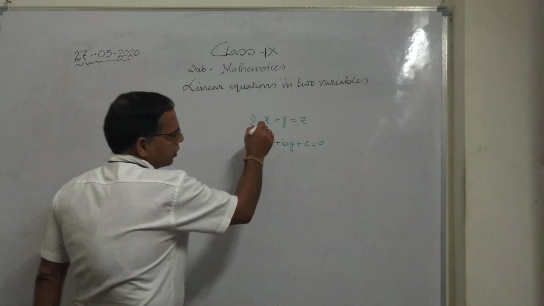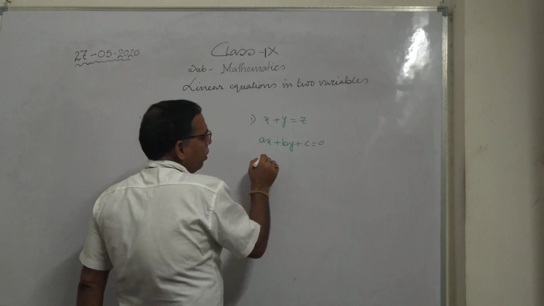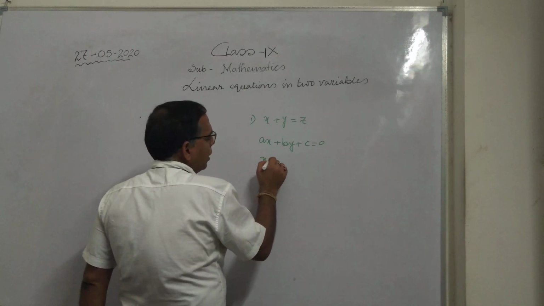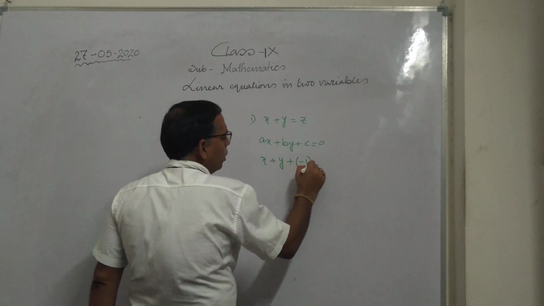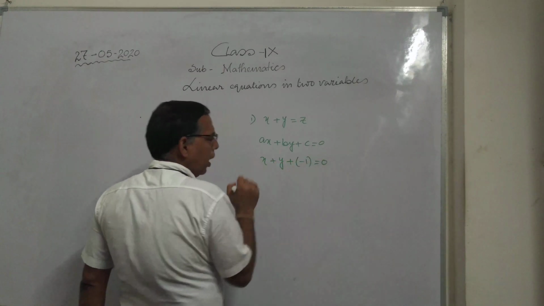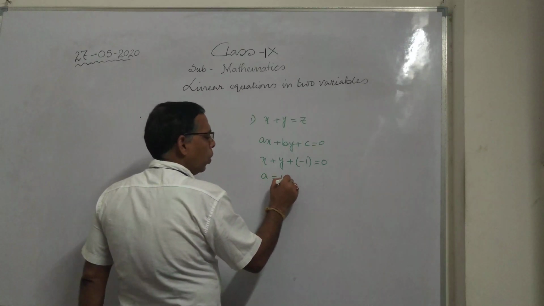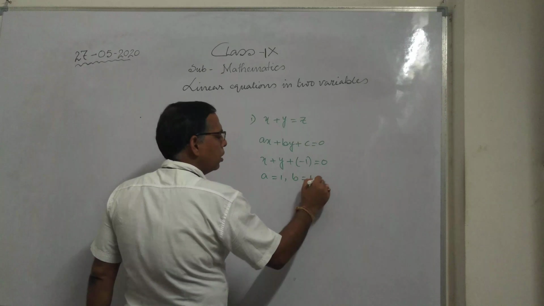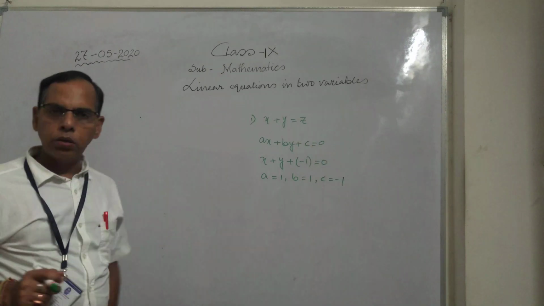Suppose x plus y equal to 7. To convert it into the standard form, x plus y plus (minus 1) equal to 0. Then if you compare, a equal to 1, b equal to 1, c equal to minus 1.